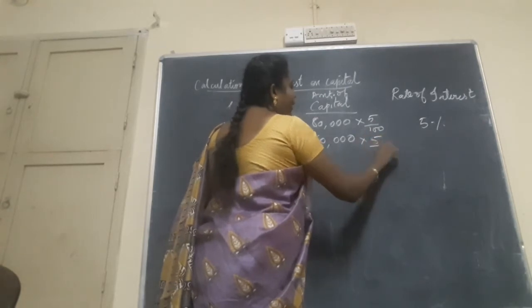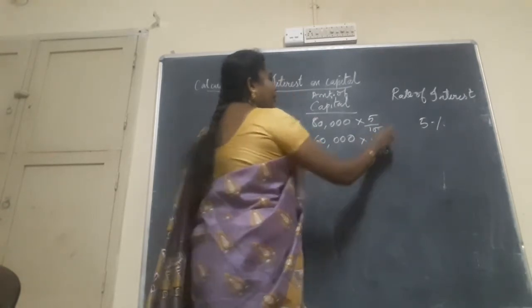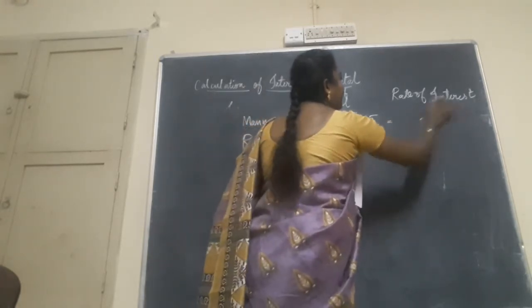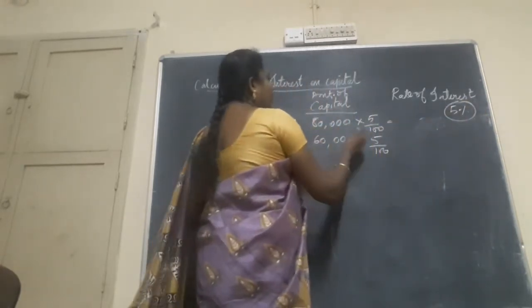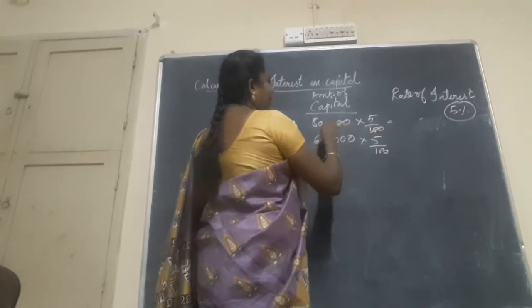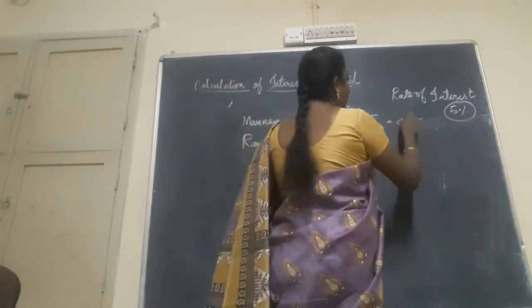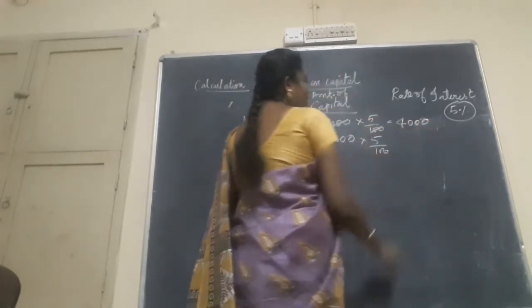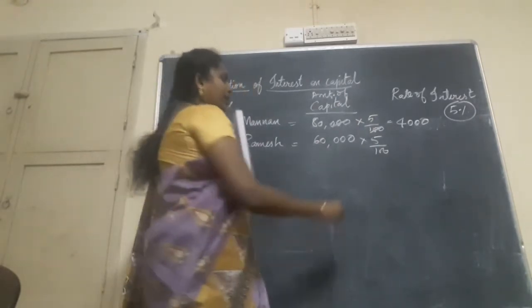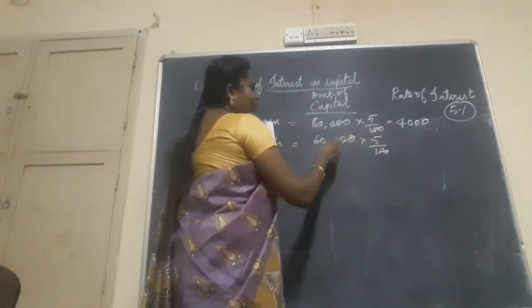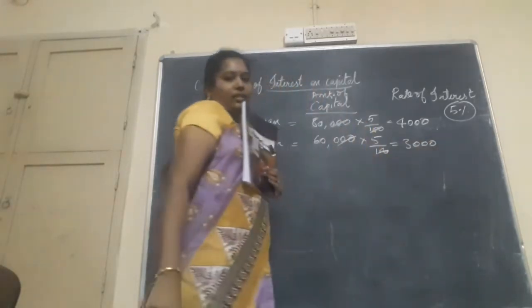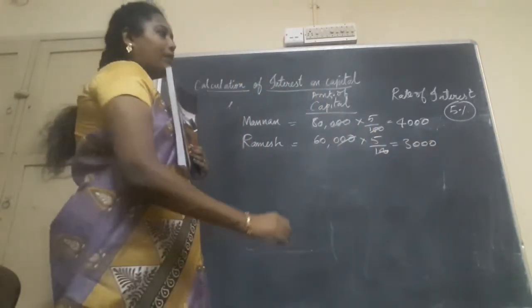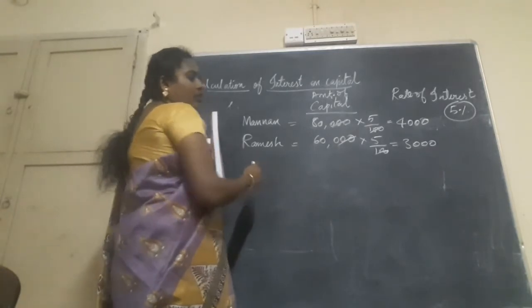So what will be the amount? Zeros cancel, so 4,000 interest on capital for Mannan. Here 2 zeros cancel, so 3,000 for Ramesh. So this is the interest on capital.